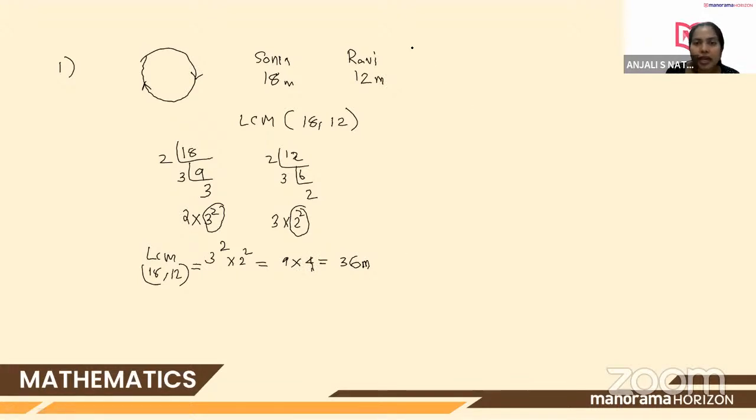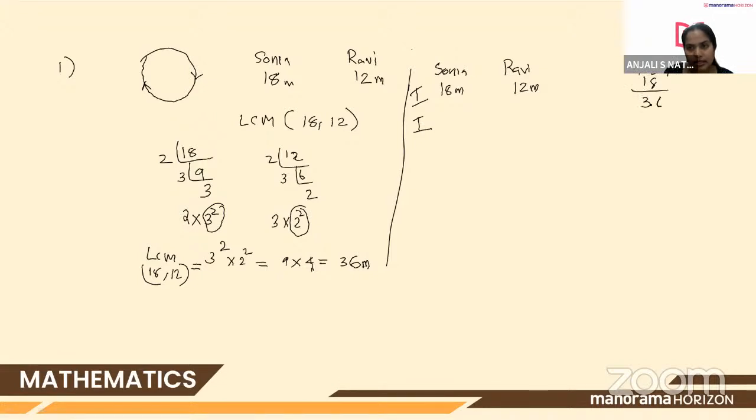Okay, we can find it using another method also. Sonia takes 18 minutes to cover one circle and Ravi takes 12 minutes. On the second circle, Sonia takes again 18 minutes, that is 18 into 2, that is 36 minutes.